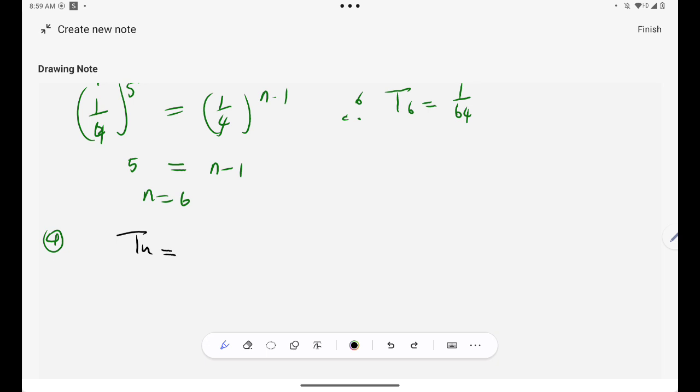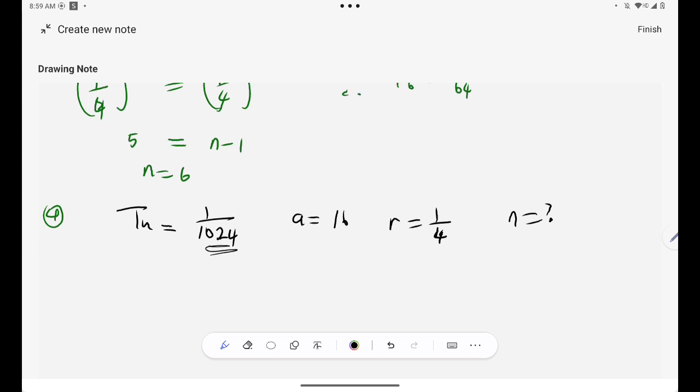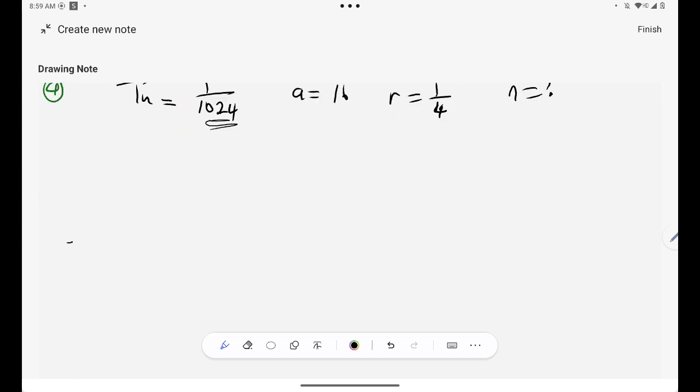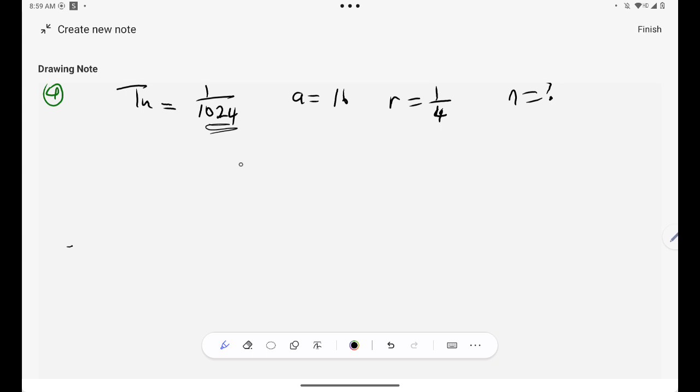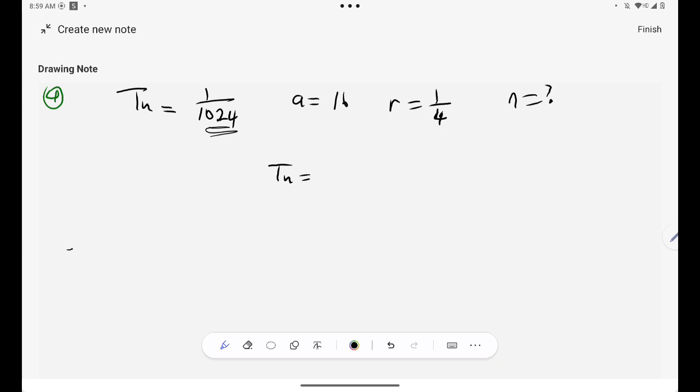I'm given the last term, which is 1 over 1024. I know that A is 16, R is 1 over 4. I want to know how many terms are in the sequence if this guy is the last term. So I'll say Tn is equal to A R to the n minus 1.